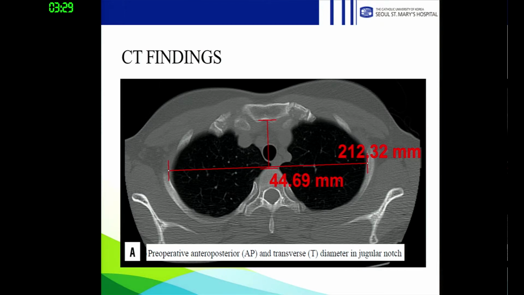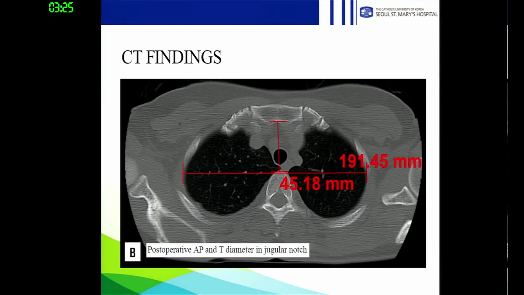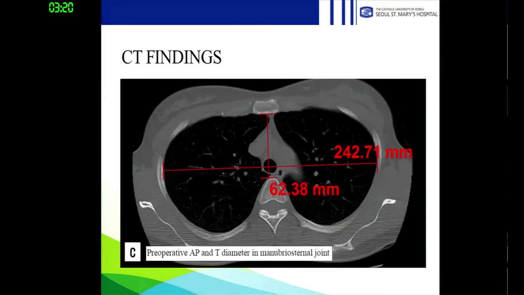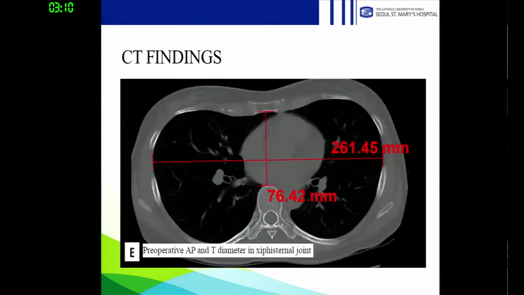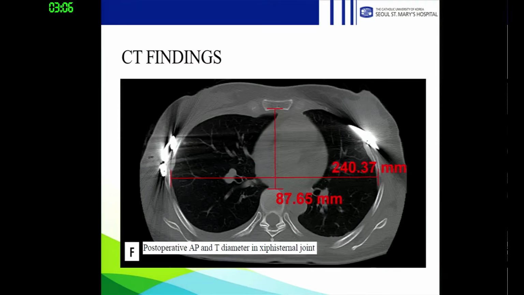This is the preoperative AP and T diameter at the jugular notch, and the postoperative AP and T diameter at the jugular notch, preoperative diameters at the manubriosternal joint, and postoperative diameters at the manubriosternal joint, and preoperative and postoperative diameters at the xiphisternal joint.